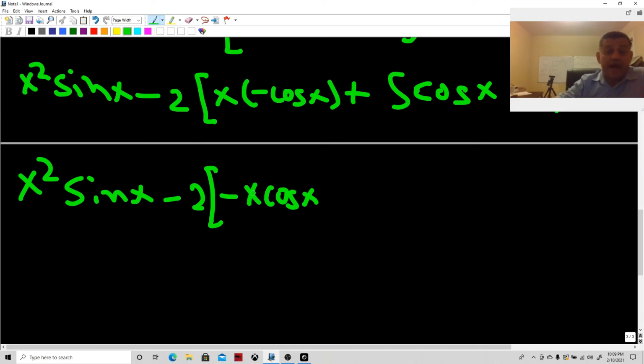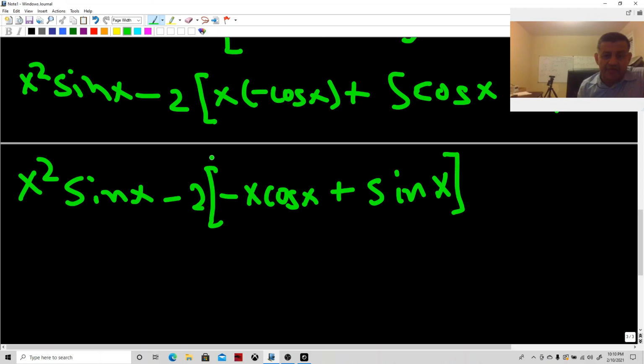And I still keep it in the bracket, because that too is going to be distributed inside the brackets, right? So the integral of cosine is sine, so I get plus sine x, right? And that is not equal to yet, but that is the integral of that.